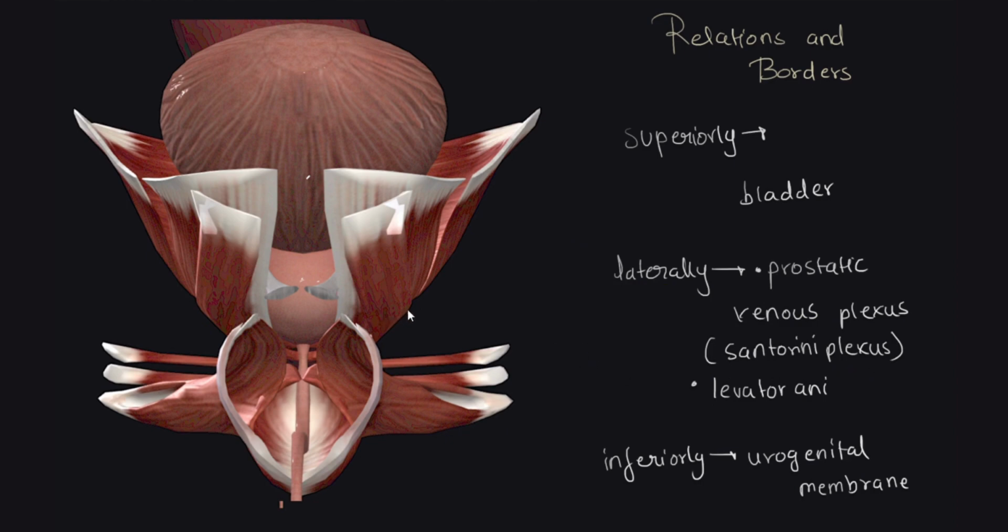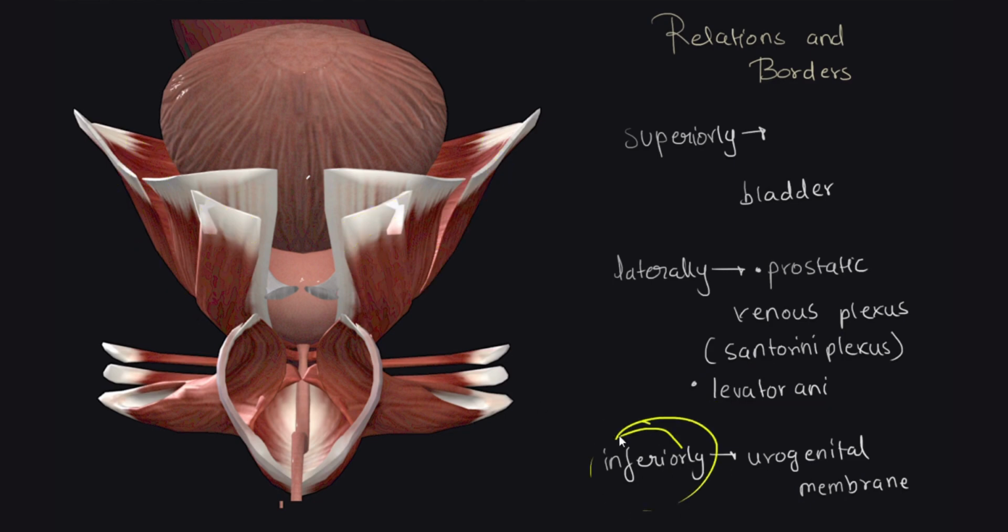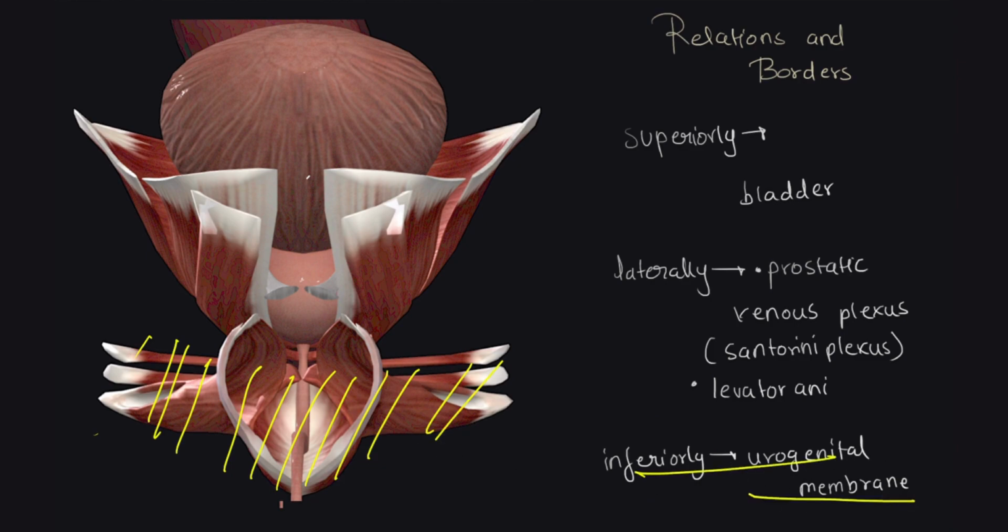And then we have the levator ani. These muscles right here, 1 and 2, are the lateral relations, namely the levator ani. And then inferiorly, you can see the urogenital membrane. This entire structure right here is known as the urogenital membrane.